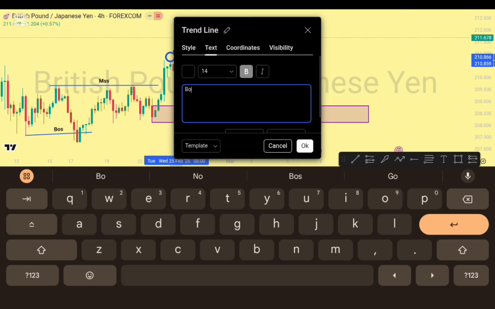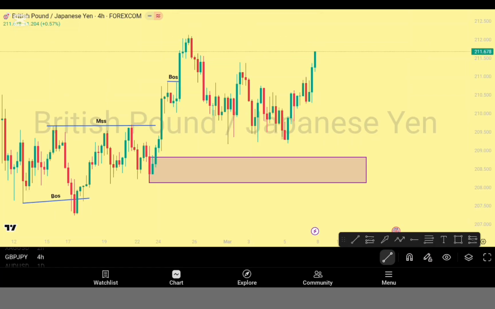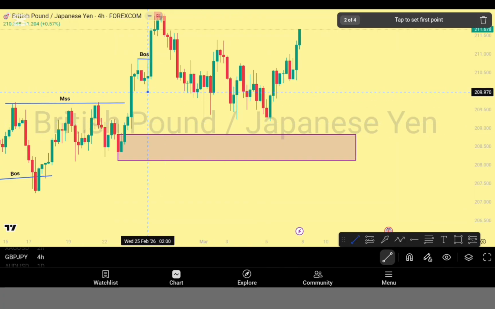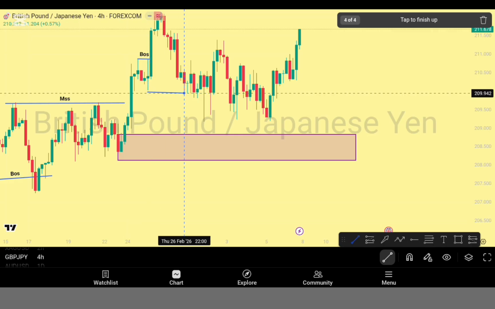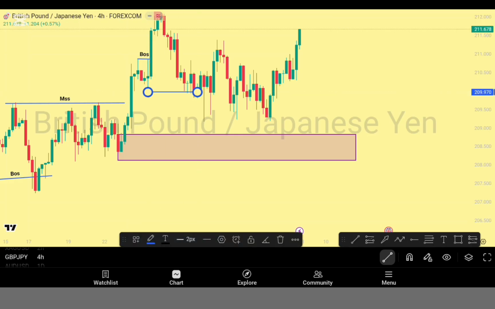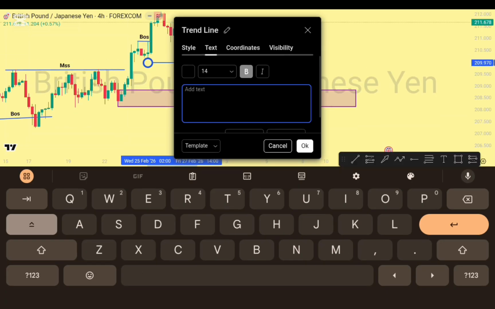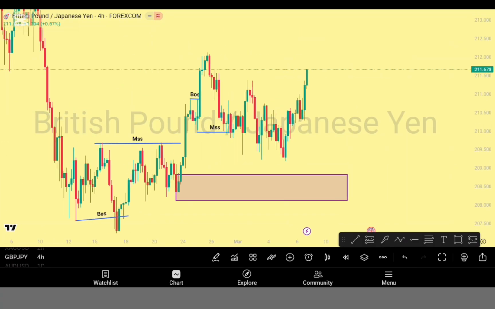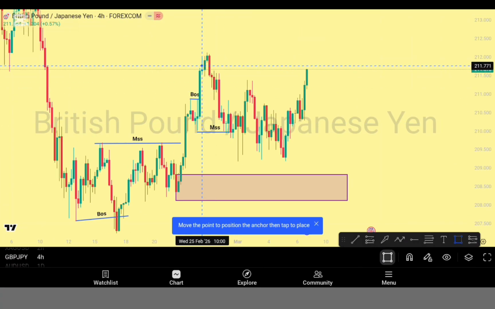After that, we have this market structure shift. After the market structure shift, where is the origin? You know that this is the origin, of course, this is the origin.